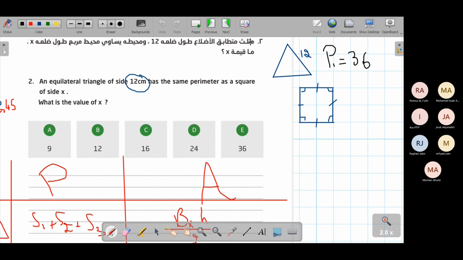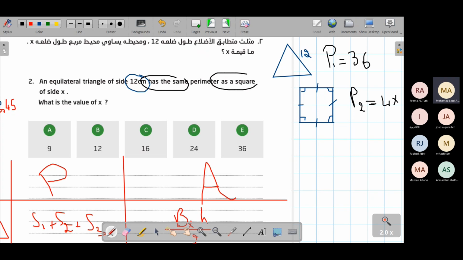Okay. Yalla, Ragad. So this is the perimeter of the equilateral triangle. For the square, the perimeter is equal to what? 4x, not x squared. Excellent. So 4x. This is the perimeter of the equilateral triangle, and this is the perimeter of the square. In the given, they say that the perimeter of the equilateral triangle is the same as the square.